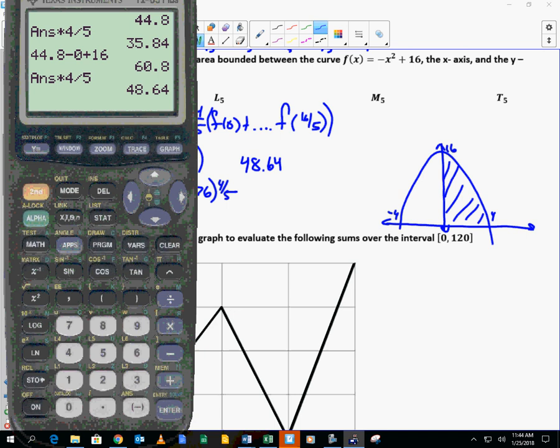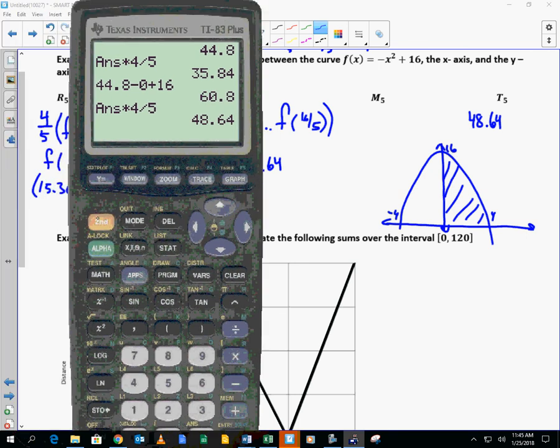How would I do the trapezoidal? I multiply by 4/5. So, but this is f of 16/5. 16 is f of 0, right?